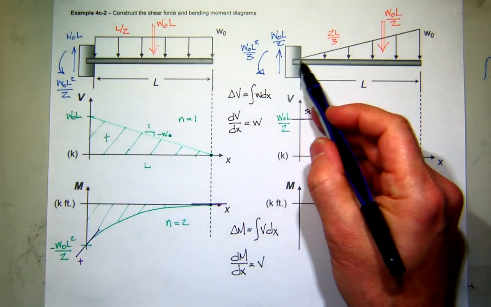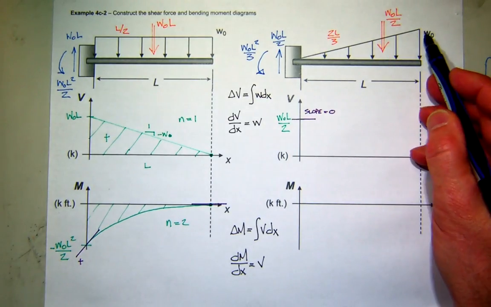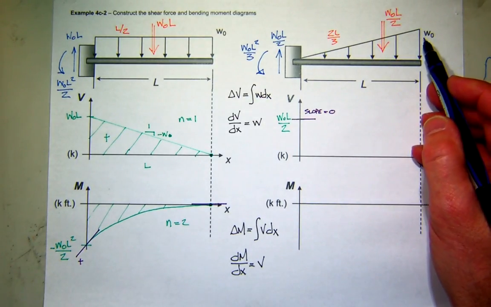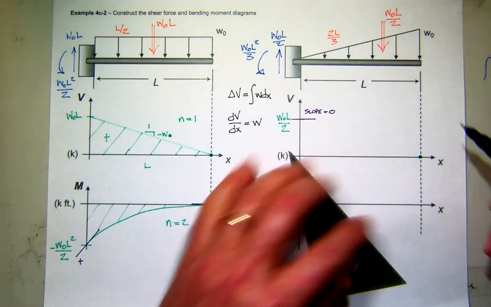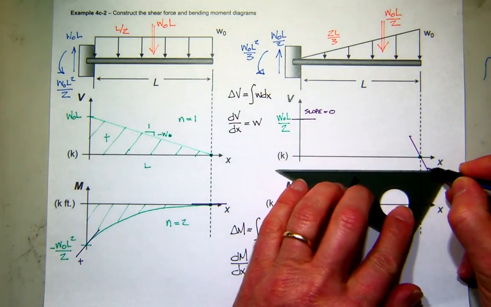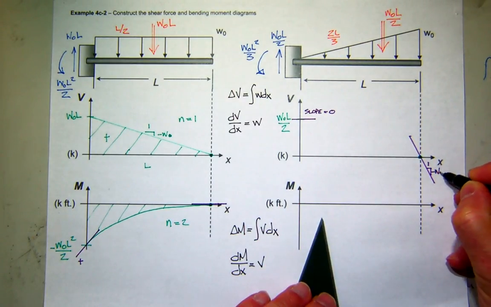And as I move, what happens to my slope? It's linearly increasing to a maximum value here of W naught. And is it positive or negative? It is negative. So that means I have a big negative slope. In fact, if I marked it at that point, it would be minus W naught. You see that?